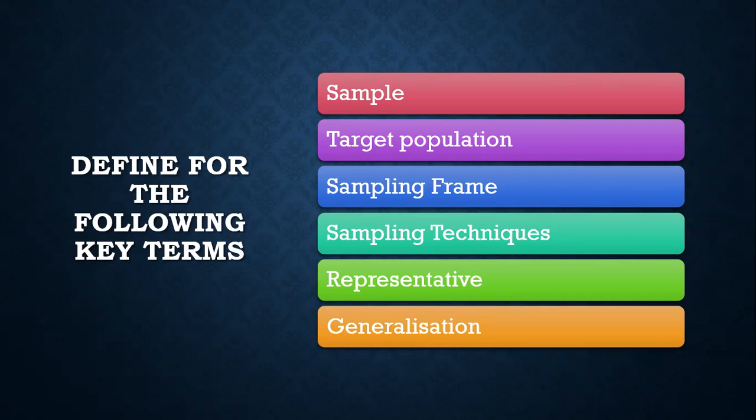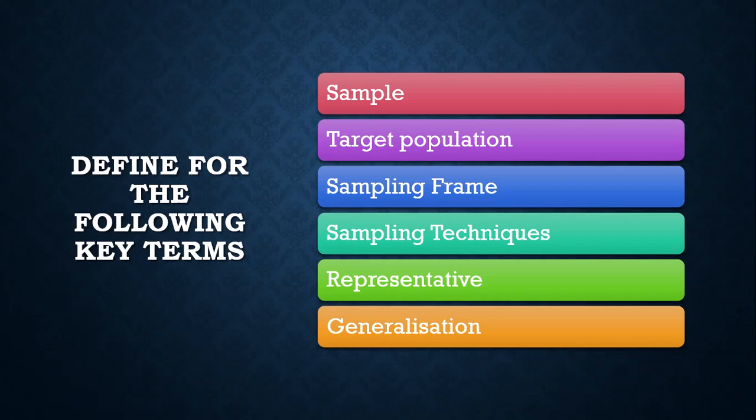So representative. Does it represent our target population? And generalization. You already know what generalization means, being able to apply it beyond the research situation. So these are key things that we've also got to take into consideration when we are picking our sample.